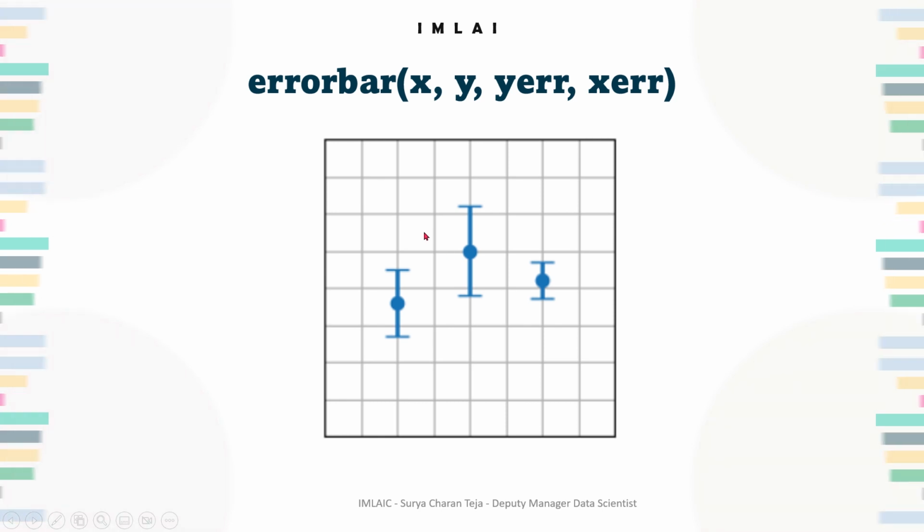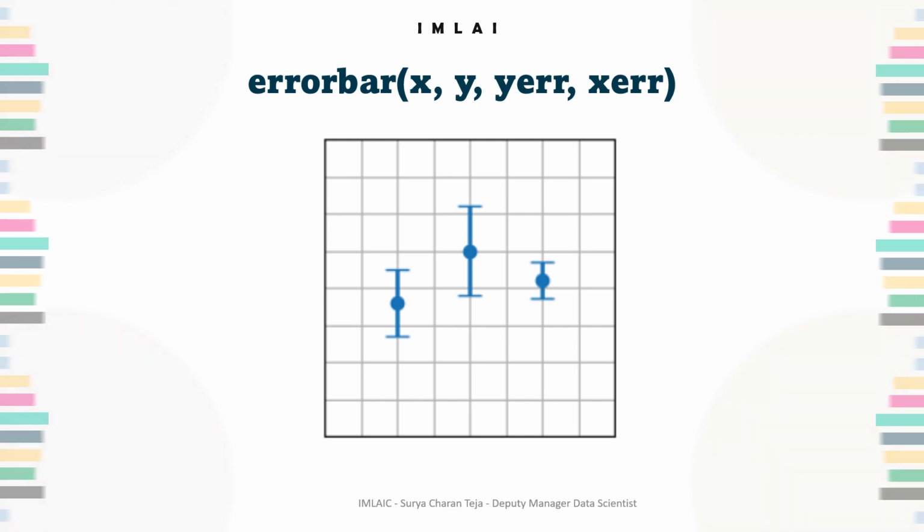So, the reliability of the mean value as a representative number of the data set. In other words, how accurately the mean value represents the data. The smaller error bar is more reliable, the larger error bar is less reliable.